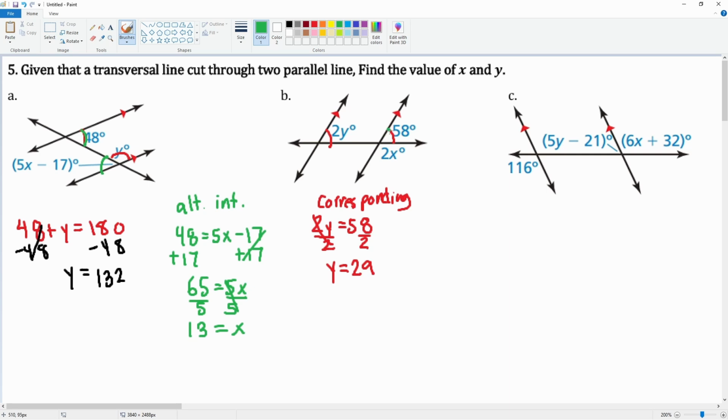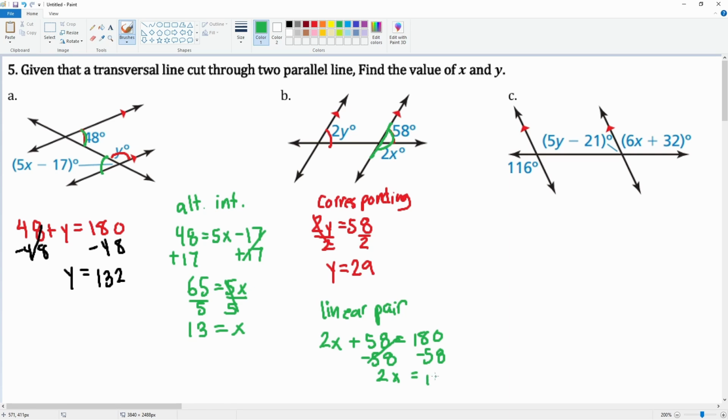Next, notice that this does form a straight line, so that is by linear pair. We can say that 2x plus 58 is going to be equal to 180. If you subtract 58 from both sides, this is canceled. 2x is equal to 180 minus 58.